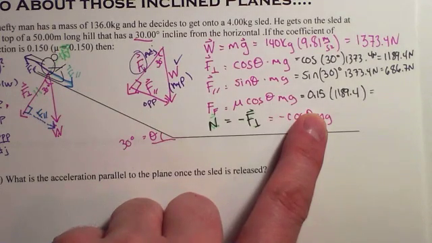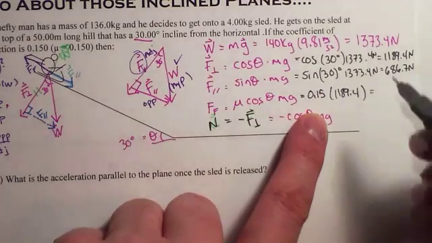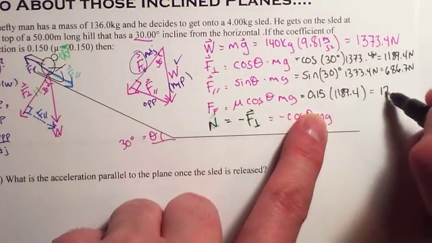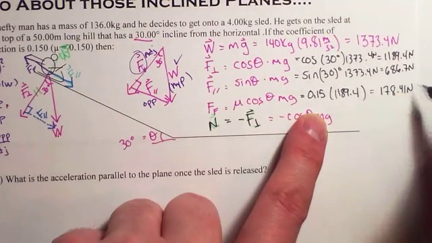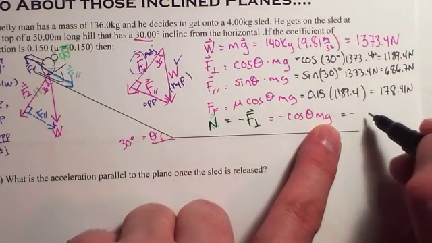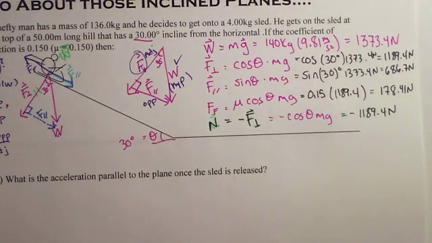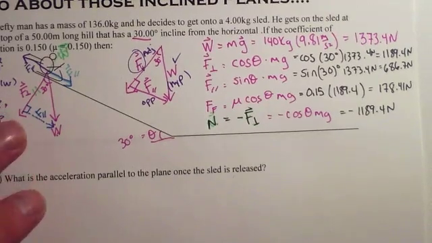So 0.15 times 1189.4 is 178.41 newtons. And the normal force is simply going to be equal to negative 1189.4 newtons. And again, that negative sign is fairly useless to talk about because, again, it's all relative to what direction we're talking about.